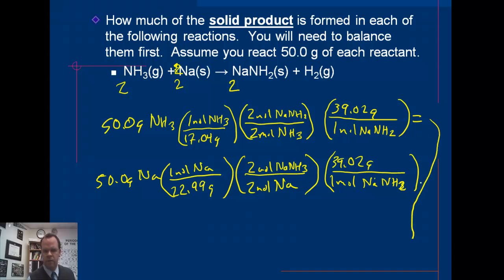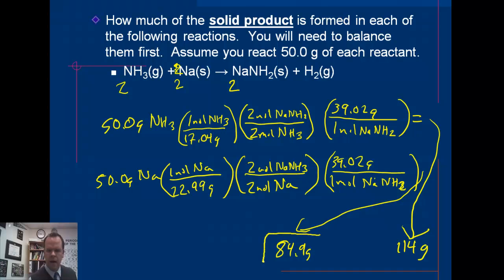So this top one will give us a mass: 50 divided by 17.04 times 2 divided by 2, so it's just like multiplying by 1, and then times 39.02, to 3 significant figures, 114. And the second one, 50 divided by 22.99 times 2 divided by 2 times 39.02, and we get 84.9. So 84.9 grams is our answer.